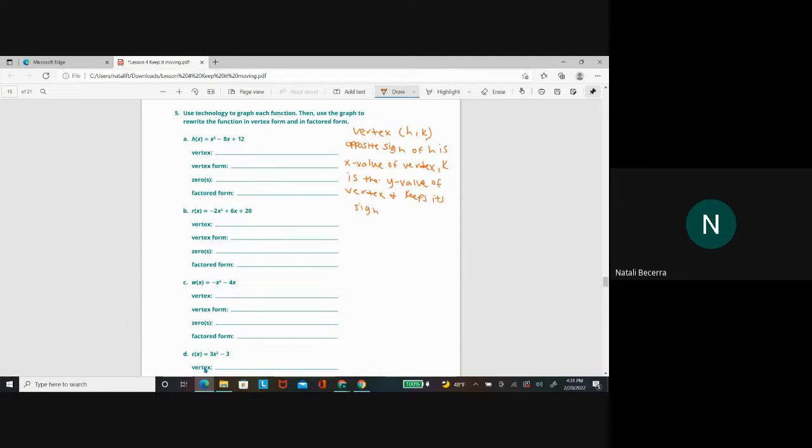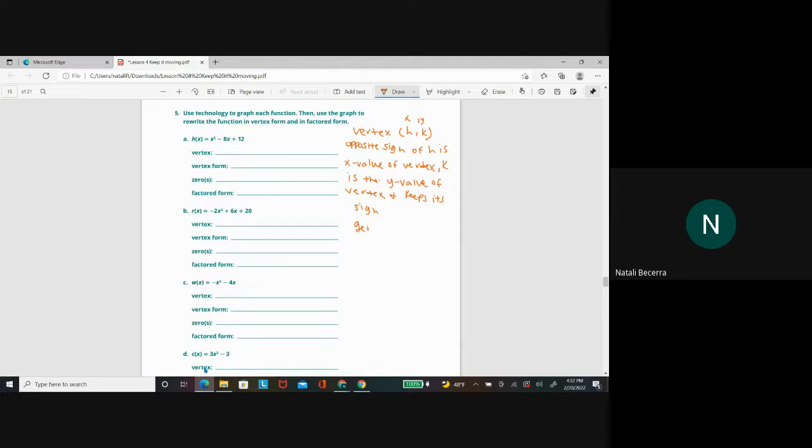So think about this kind of like x and y, but start getting familiar with seeing h comma k, because whenever you see vertex in pre-cal and algebra 2, you're going to see h comma k. You need to know that the h is your x value, but you take the opposite sign, and the k is your y value, but you keep the sign.